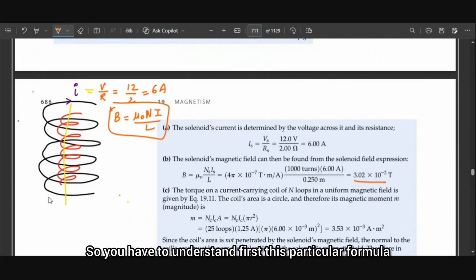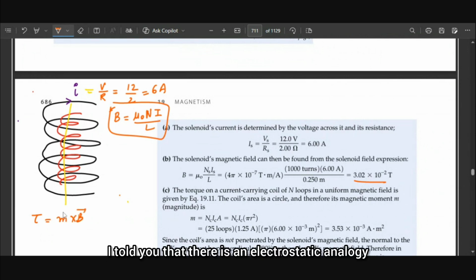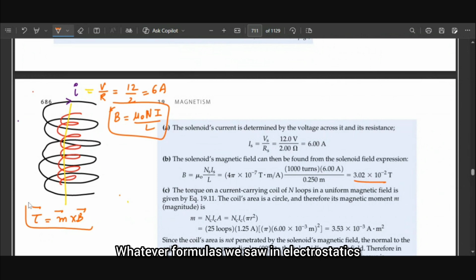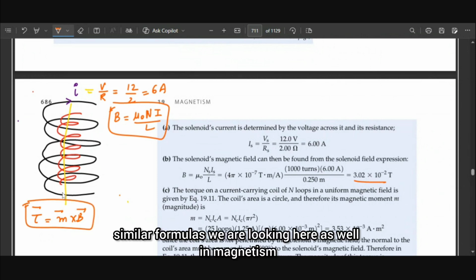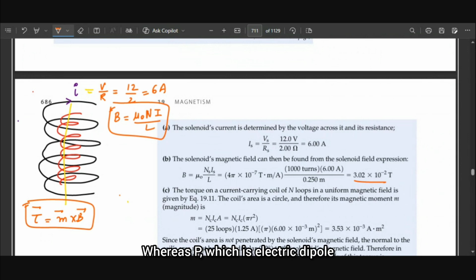First understand this formula: the torque is M cross B. I told you that there is an electrostatic analogy. Whatever formulas we saw in electrostatics, similar formulas we see here in magnetism, where P, the electric dipole, is replaced by the magnetic dipole. This magnetic dipole is equal to NIA.